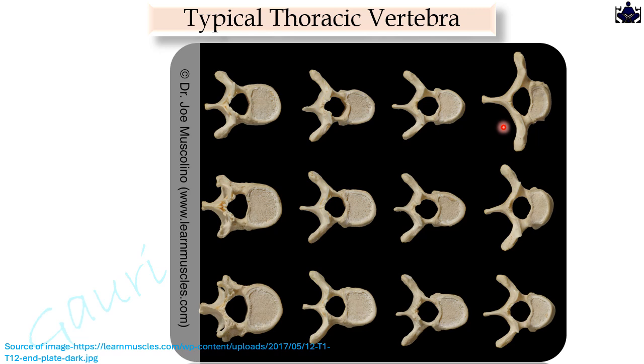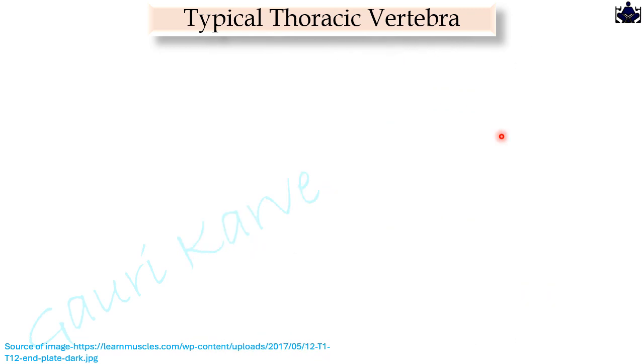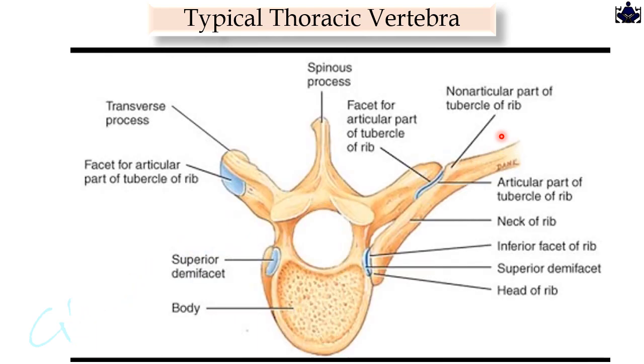Now, the question arises: how does a thoracic vertebra differ from other vertebrae? It differs in two aspects. Firstly, it has two pairs of costal facets.